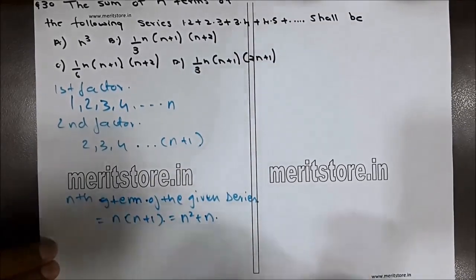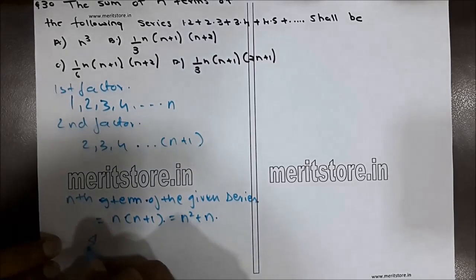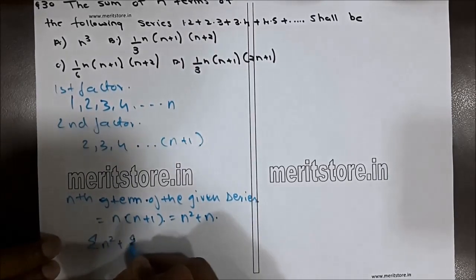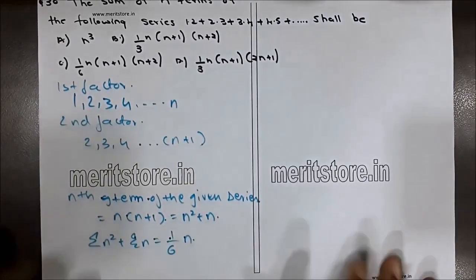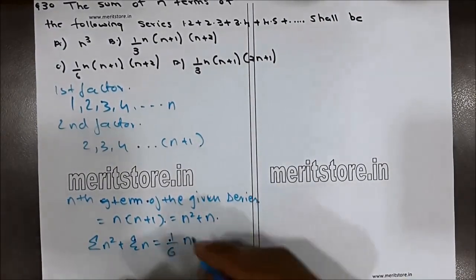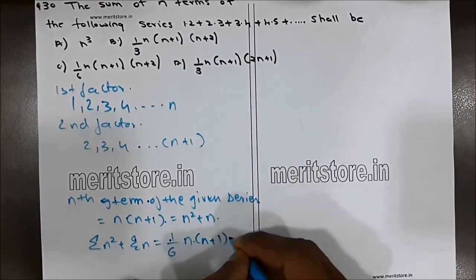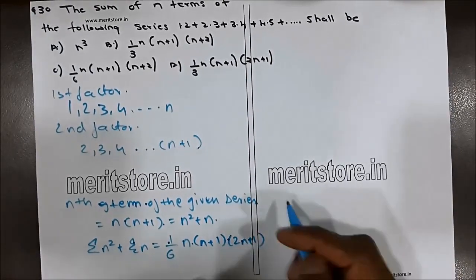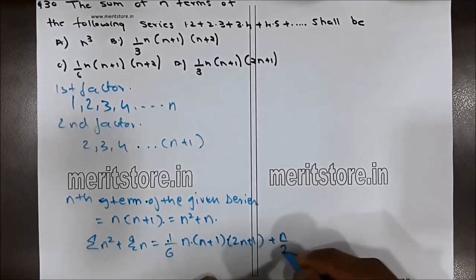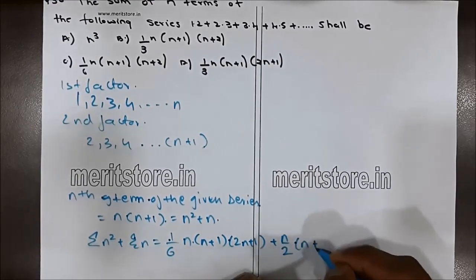Therefore we can write this as summation of n square plus summation of n, that is 1 by 6 n times (1 plus n) times (2n plus 1), plus n times (n plus 1) by 2.